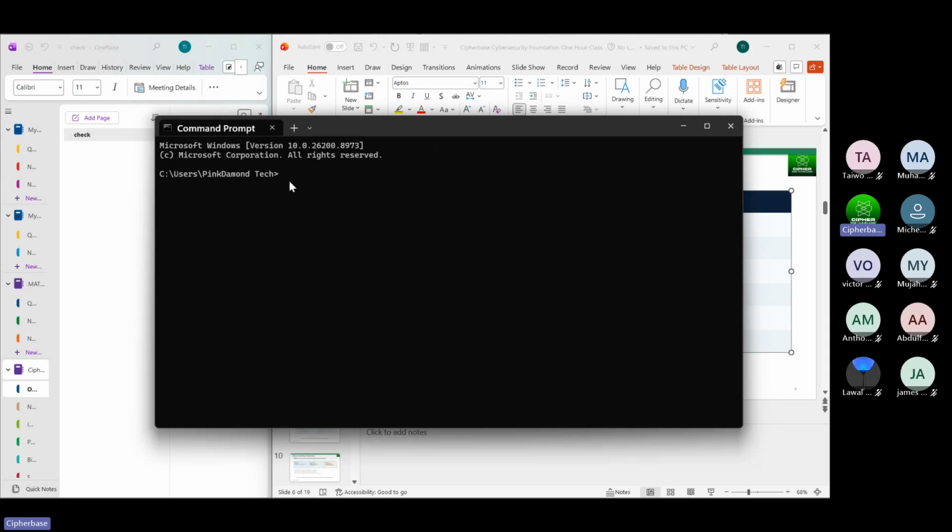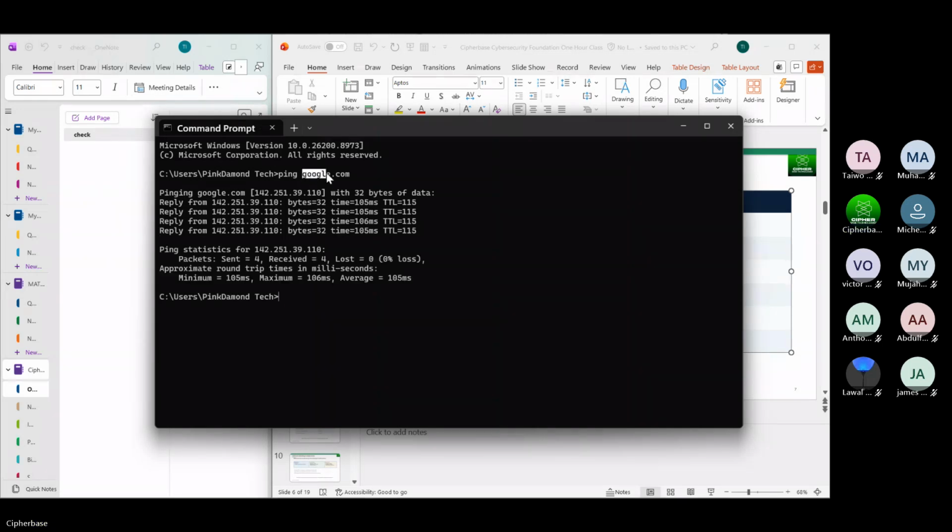For example, now let me ping Google. I want to do something. Let me ping Google.com. As you can see now, I ping Google here, but it's giving us IP addresses.